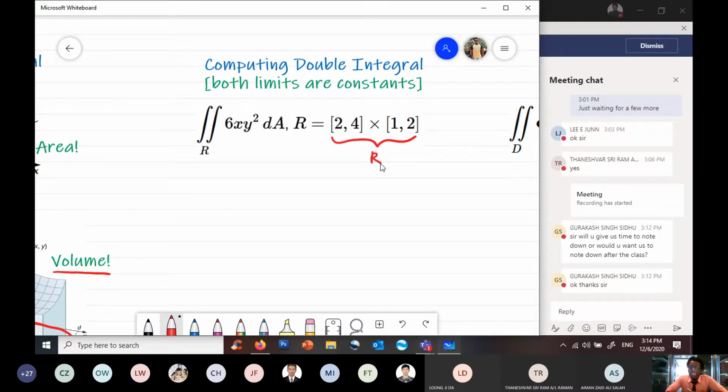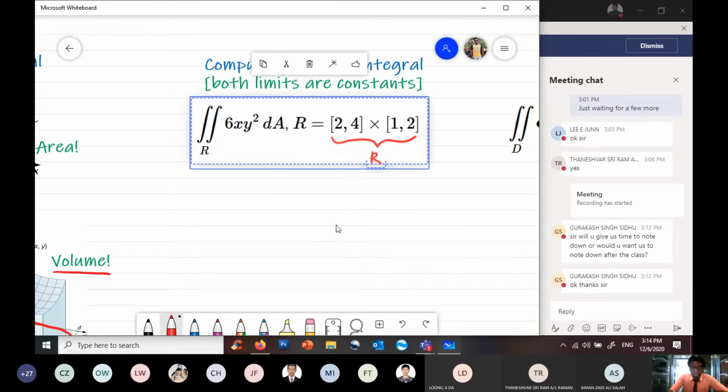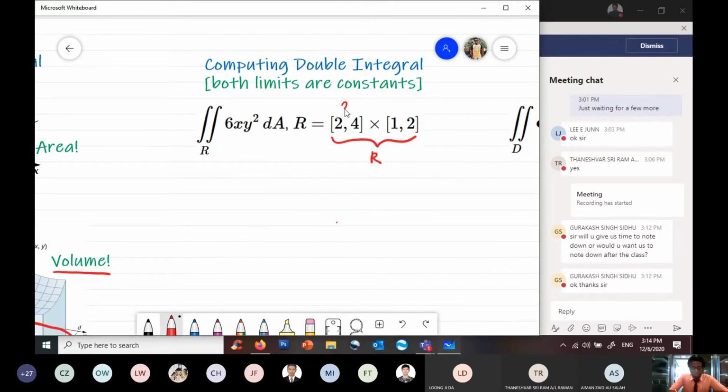It's a very convenient way in mathematics to write a rectangular or square region in this form. The first interval is the interval for x, and the second interval is the interval for y. Sometimes you even have another bracket for z, and so on. So it's just a fancy mathematical way of writing the limits for x and the limits for y.